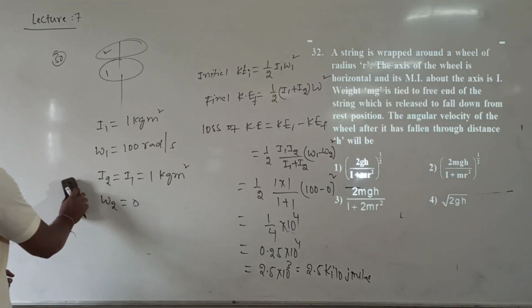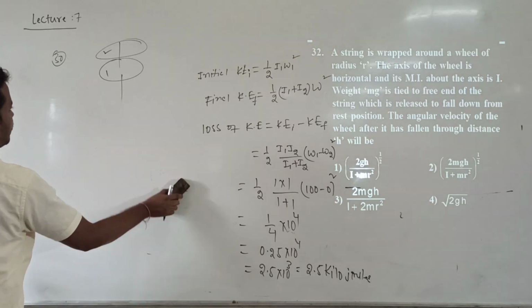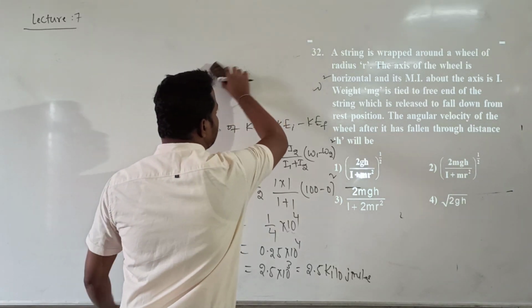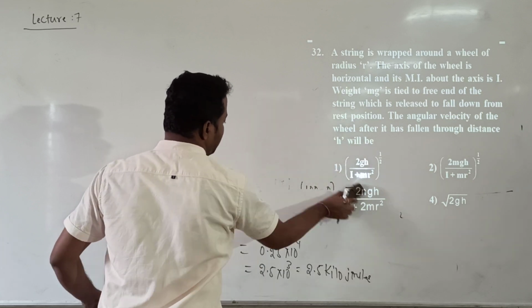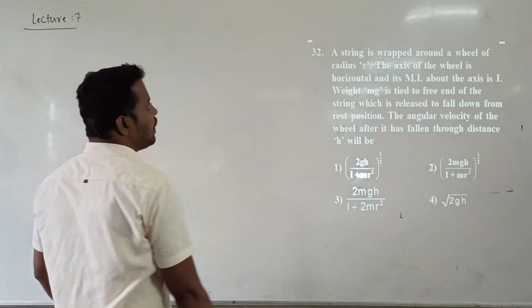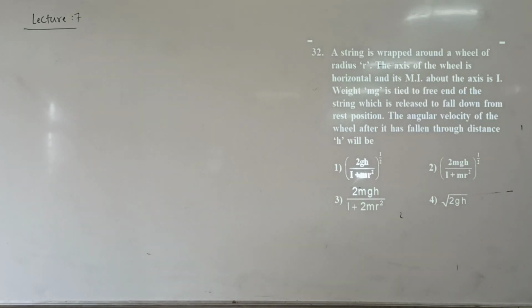Okay, the next question. A string is wrapped around a wheel of radius r.